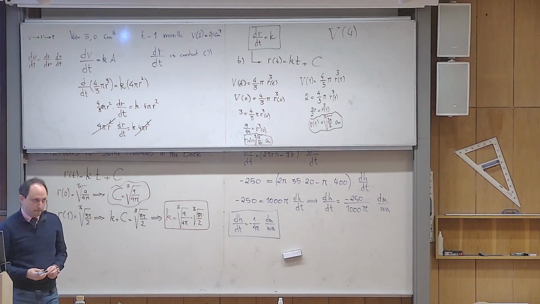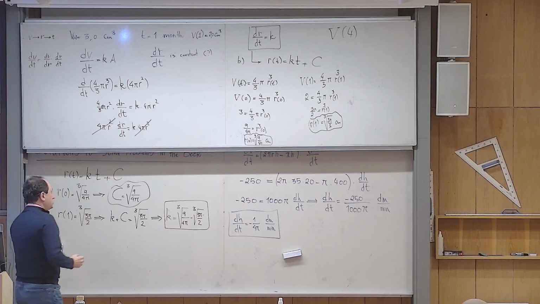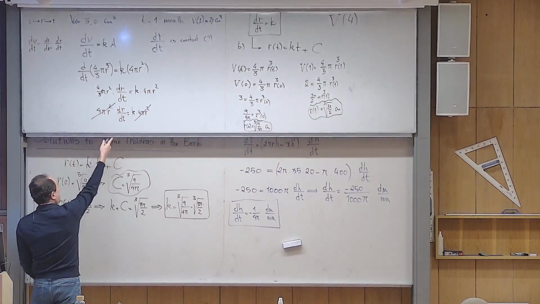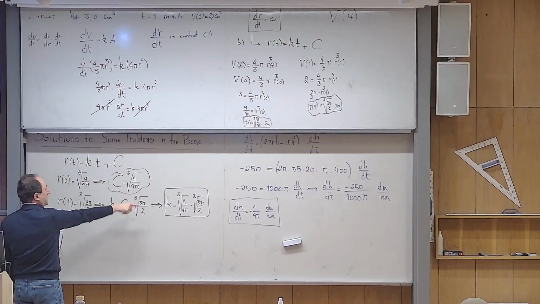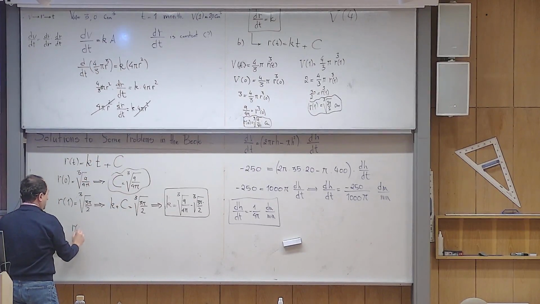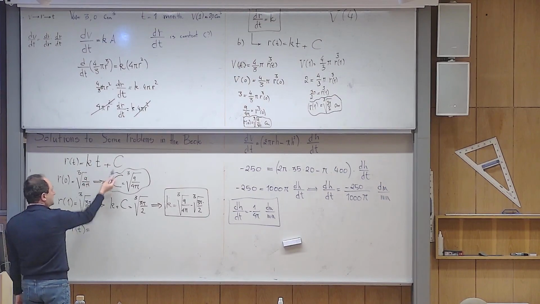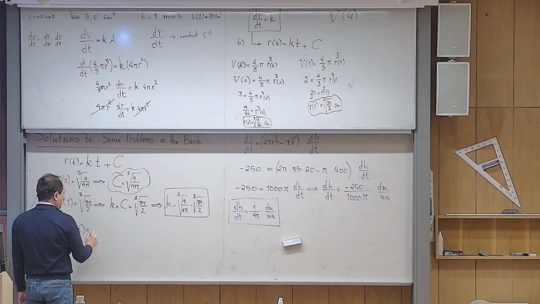This is your k. So if I ask you, do you know R? You would say yes, because I already know c, I now know k. So what is R of t? It is not a complicated function. It's a linear function. The constants look a little bit odd. So k value is this number.